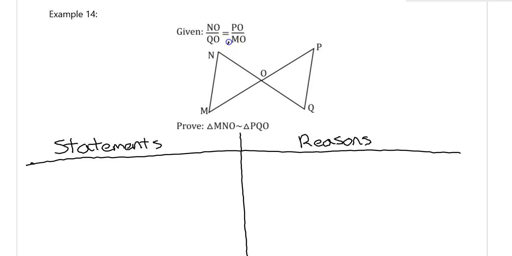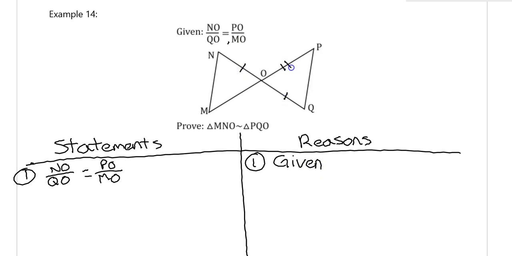My first statement is always going to be my given: NO over QO equals PO over MO. How do I know that's true? It's given. And again, I'm going to draw that NO and QO go together. PO and MO go together.